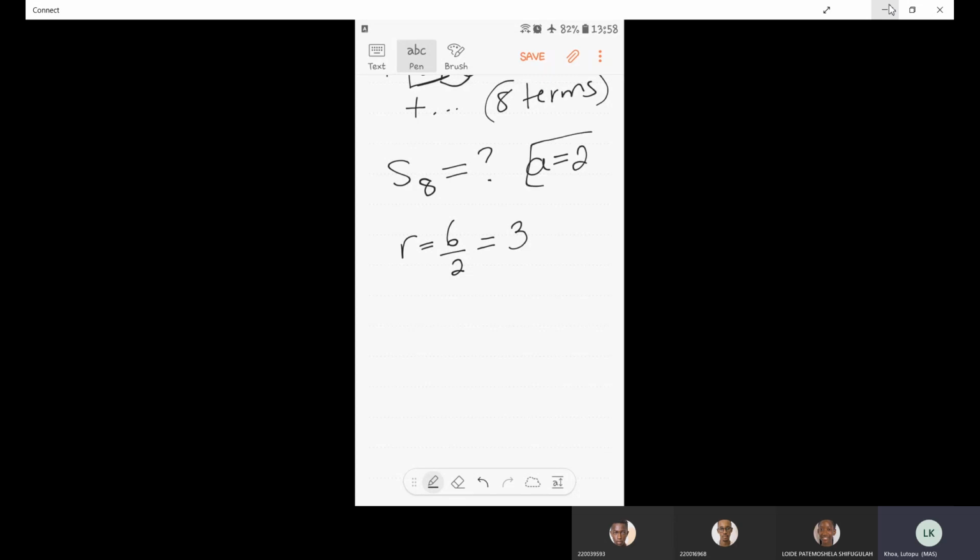So I have my A and I have my R. To work out S8, I will use both formulas to check, do I really get the same answer? And I should. So the formula says it's A multiplied by the first one, which is the one that says when R is greater than 1. So I say 3 to the power of 8 minus 1.